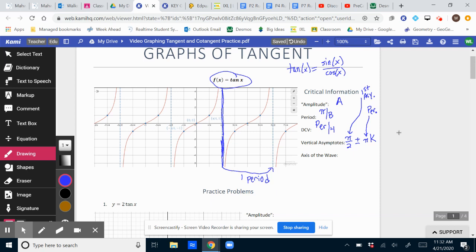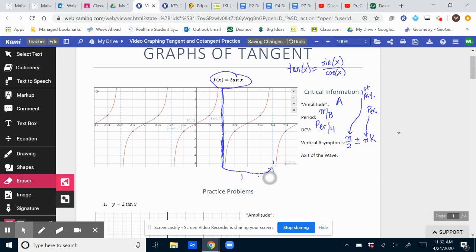So if you add 1 pi, you're at an asymptote. If you add 2 pi, you'd be at the next asymptote over, and you could do the same thing to the left. So that little expression, pi over 2 plus or minus pi times k, represents every single possible asymptote.